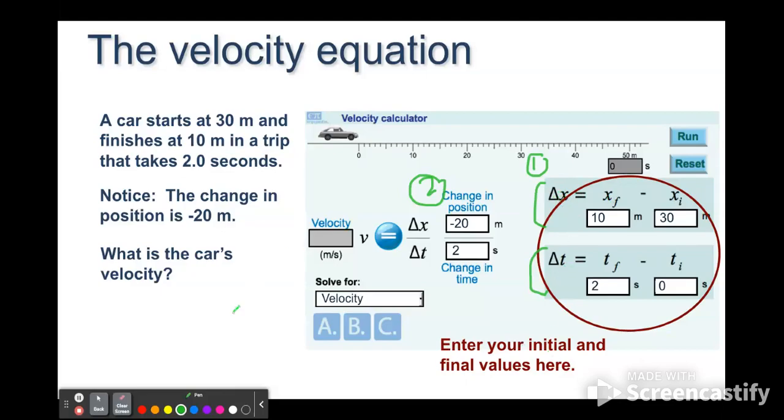So we've got a car that starts at 30 meters and finishes at 10 meters. So where it starts, that's initial, and its final is 10, and it takes 2 seconds. So the final time is 2, and we assume, since we weren't told anything else, that the initial time would be 0. What is the car's velocity?